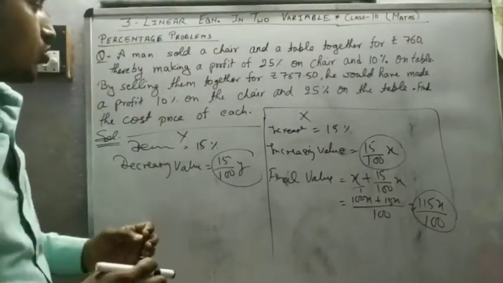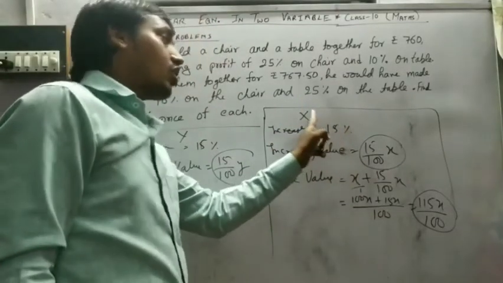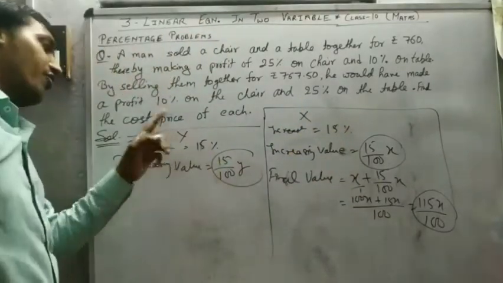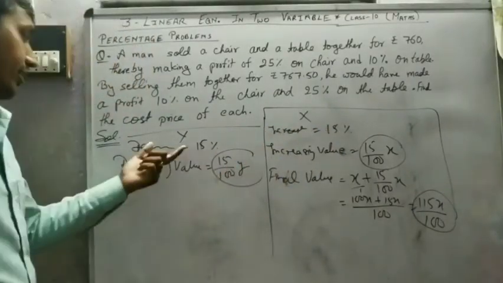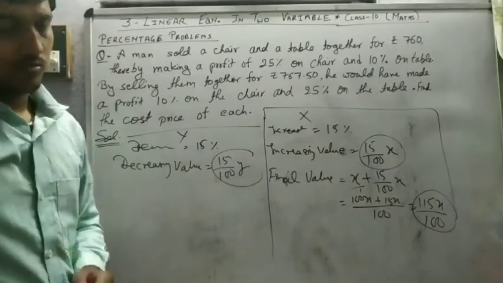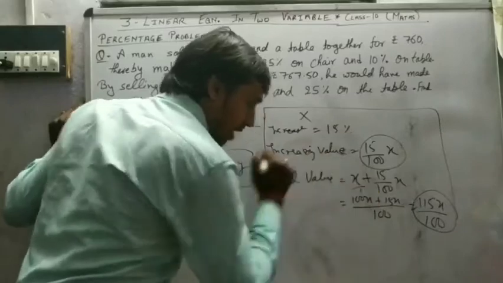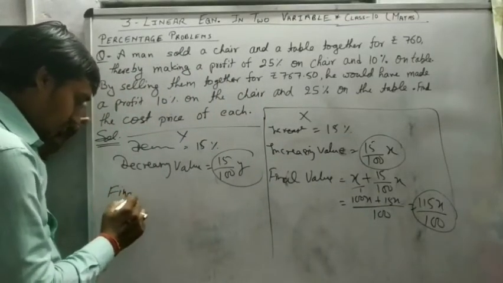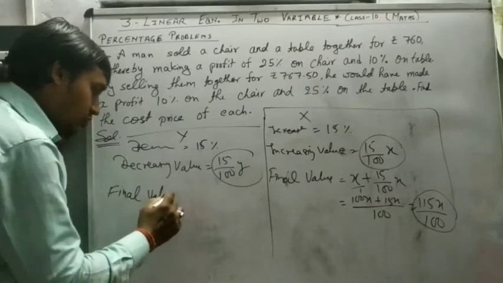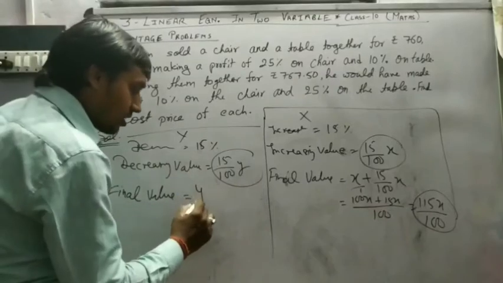If we want to find only the percent, 15% of x, 15% of y. Here increase is given, so increased value; decrease is given, so decreased value. But for the final value, in increasing that is an add up, in decreasing that is a subtraction.